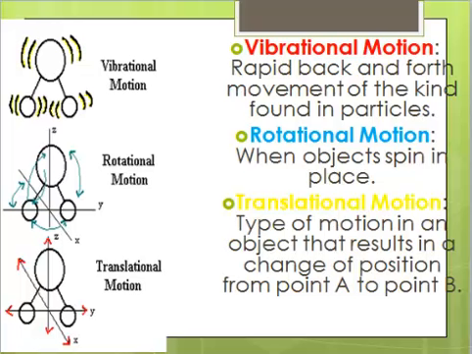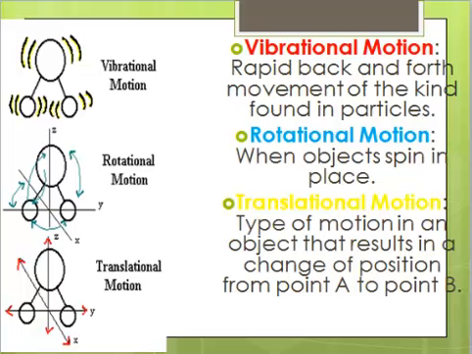So just a spin. A translational motion is a type of motion in an object that results in a change of position from point A to point B. So the other two types of motions are different from that translational motion.